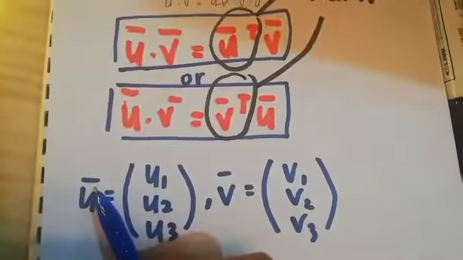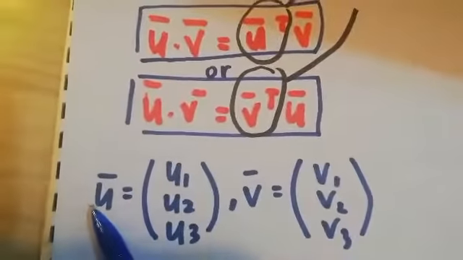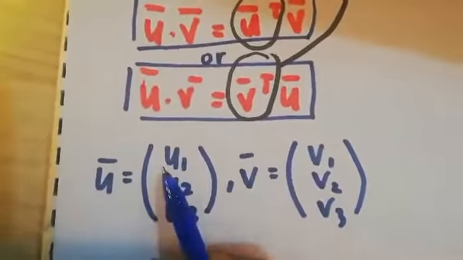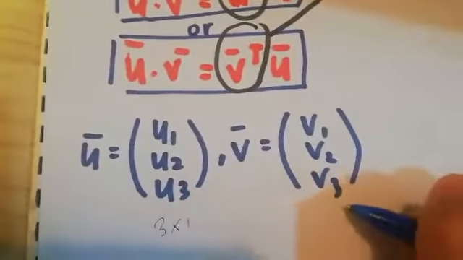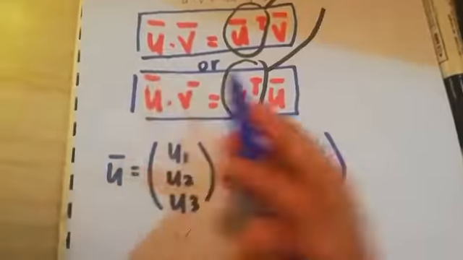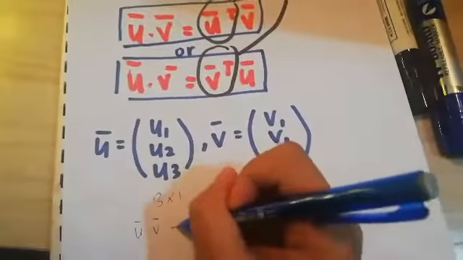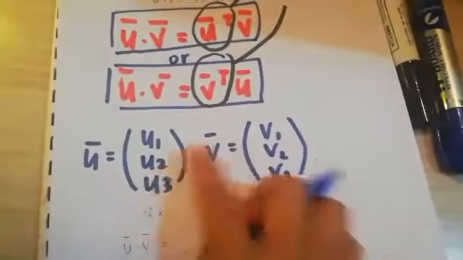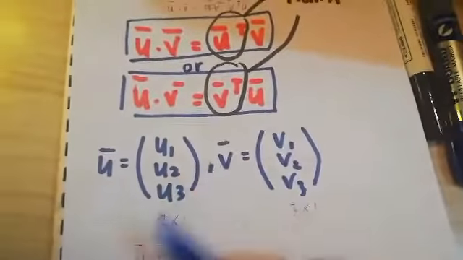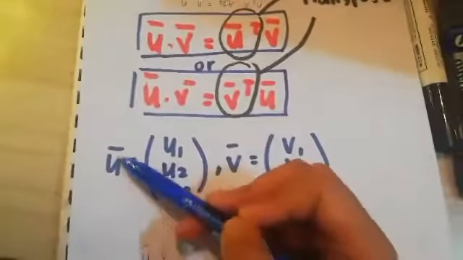Like before, I write this as 3 times 1 and 3 times 1. But in the formula, to get the dot product, we have to transpose either one. So let's say I choose to transpose the vector u.